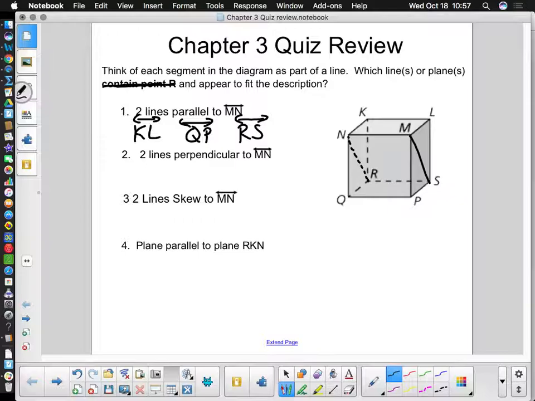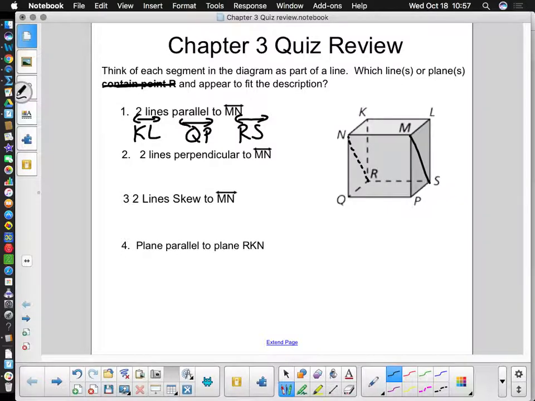2 lines perpendicular to MN. This should be pretty easy. You only need to do 2. 1, 2. But how many perpendicular lines containing R are there for MN? None.